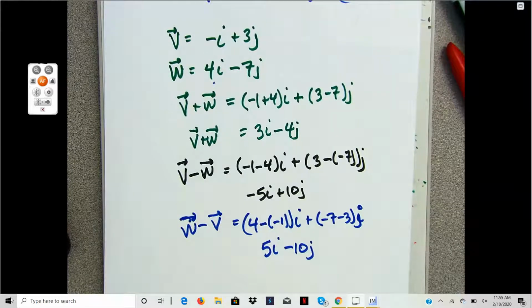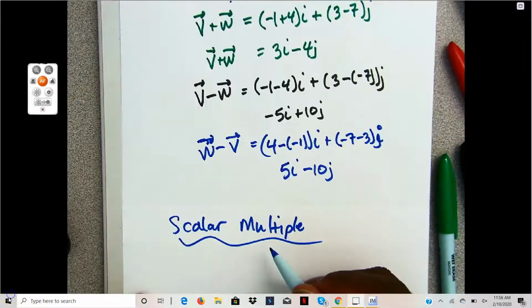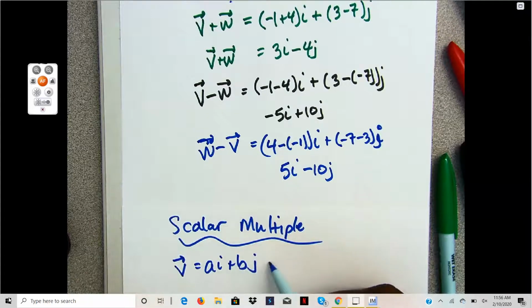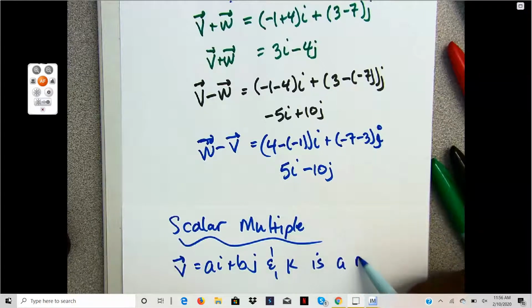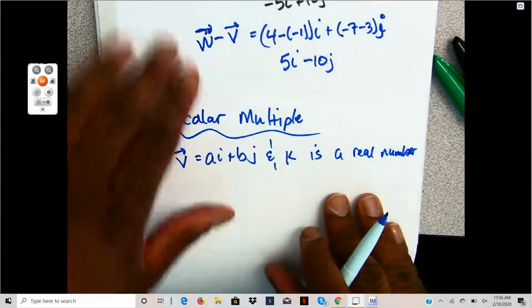All right, scalar multiples. Let's say v is equal to ai plus bj, and k is a real number. So not a complex number, but a real number.